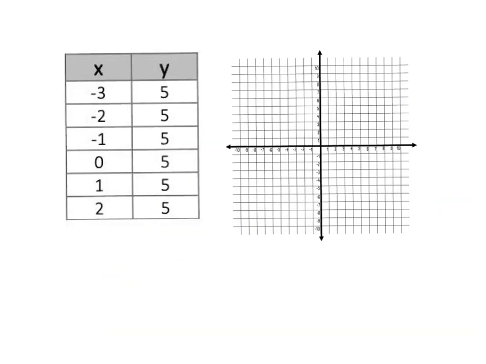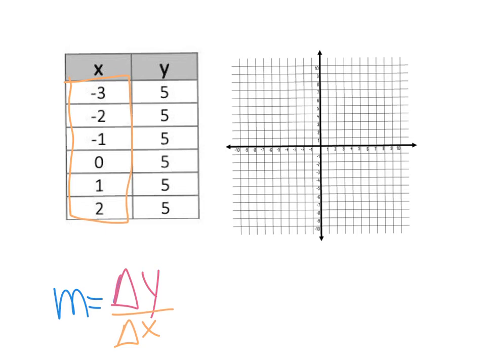Okay, so now we're going to look at what happens if we have a unique case. So remember, our rate of change, our slope, is the change in y over the change in x. So looking at x, our rate of change for this table goes from -3 to -2.